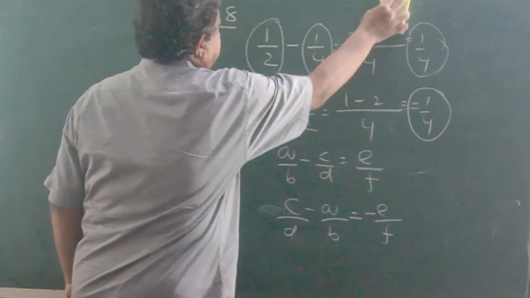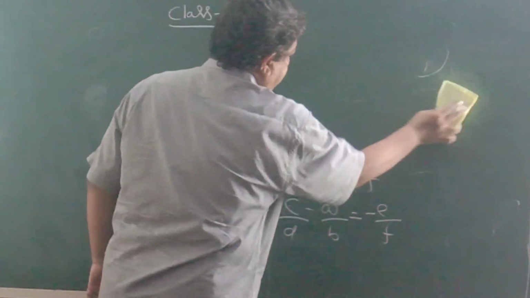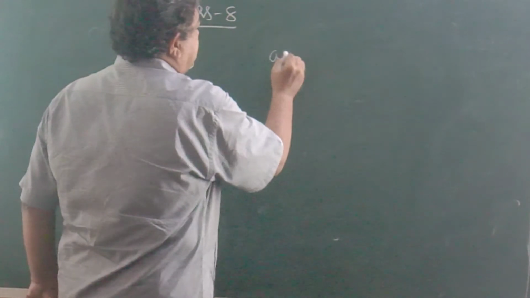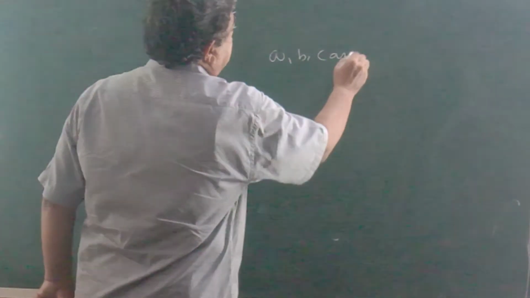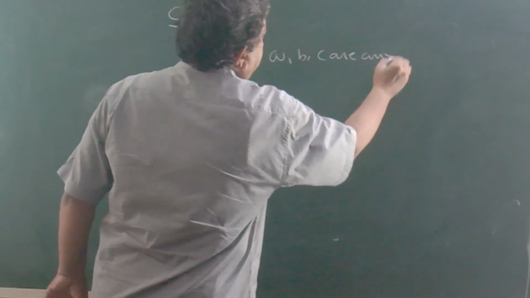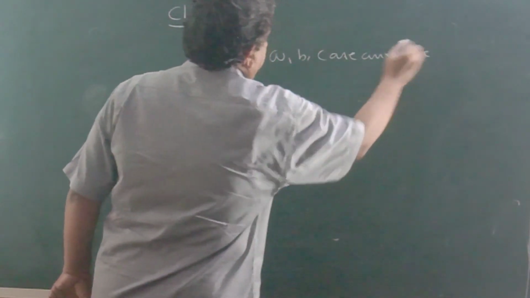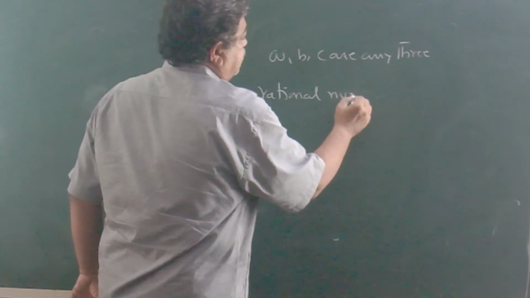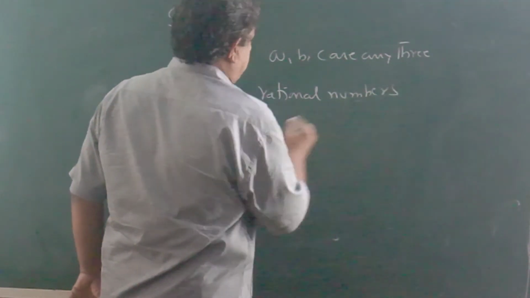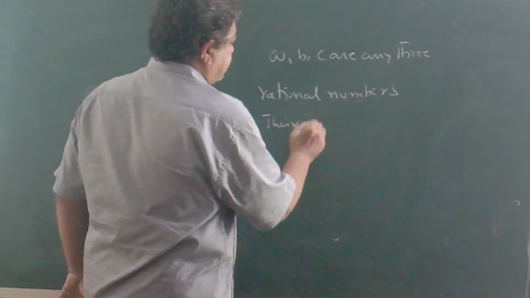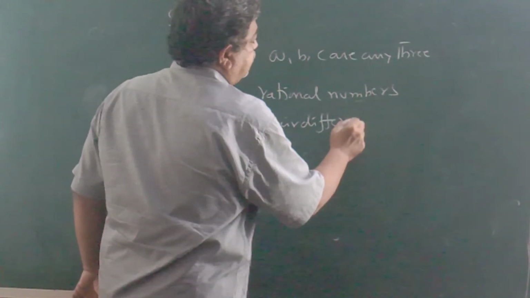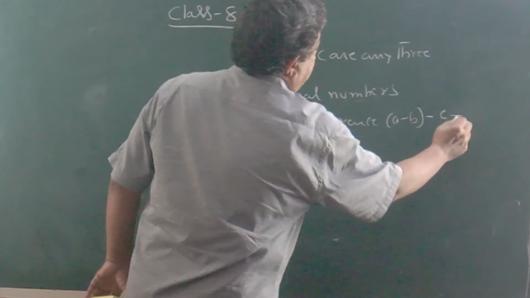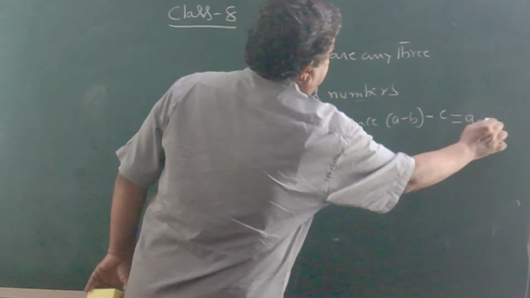Similarly, if you try the same with three numbers, that is a, b, c are any three rational numbers, their difference: is a minus b minus c equal to a minus of b minus c?